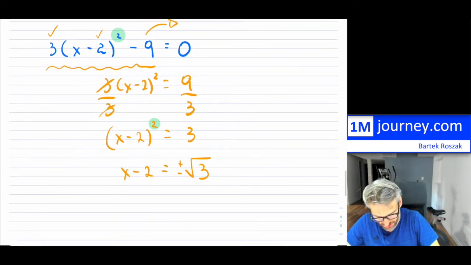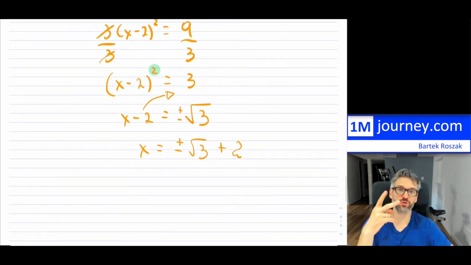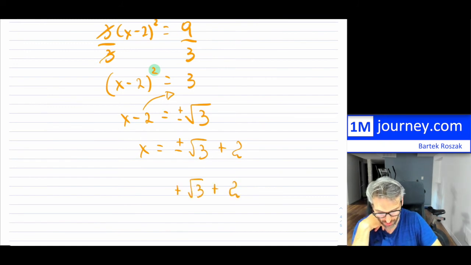Now move the 2 over to the other side. So x is equal to, it looks kind of weird, plus 2, because I'm going to move that over. I have two answers because it's still a quadratic. My first answer for x is the square root of 3 plus 2. The second root would be negative the square root of 3 plus 2.